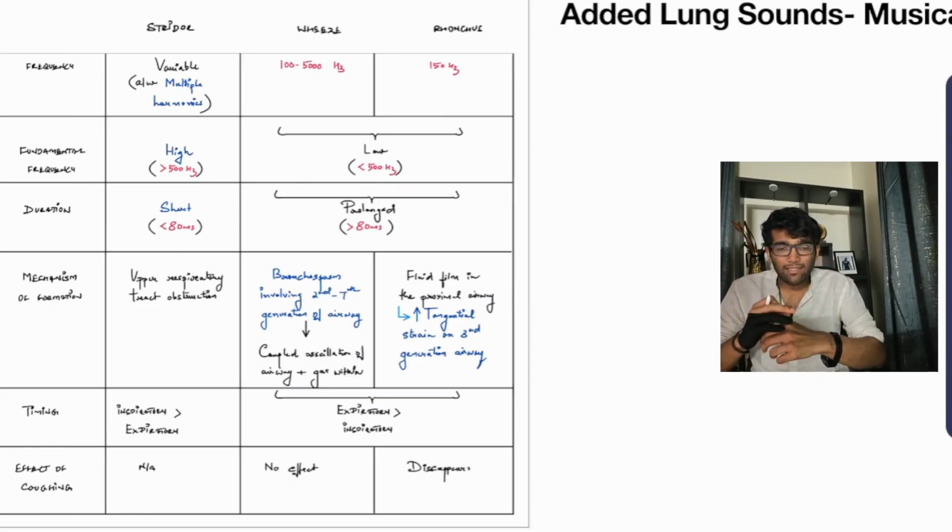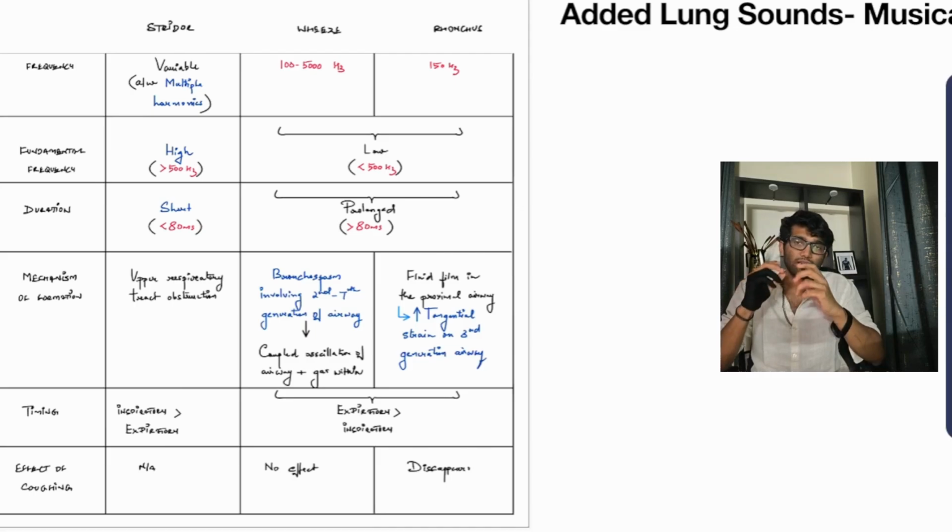And the other thing is, because all of the air that comes in and out of the lung passes through that one small narrow area, the peak velocities that are reached, and therefore the frequency of sound that contains the maximum energy, is very high. So usually the fundamental frequency, that is the lowest frequency of sound that forms part of this musical sound, is usually higher than 500 hertz when measured quantitatively.